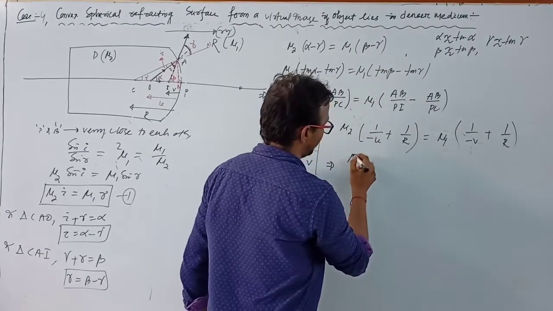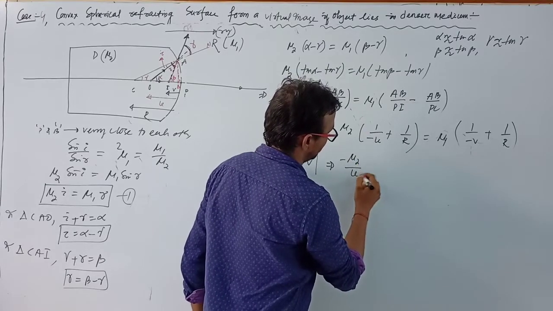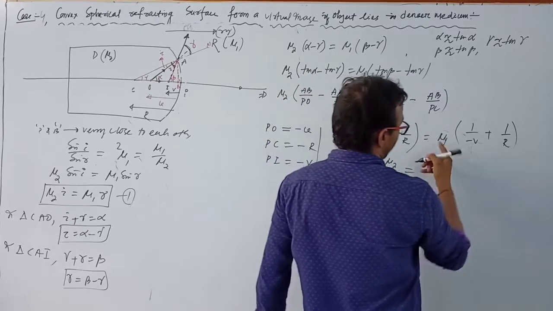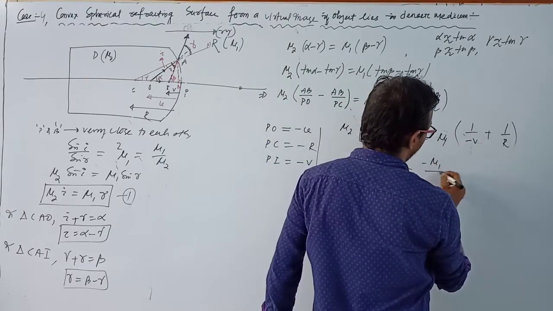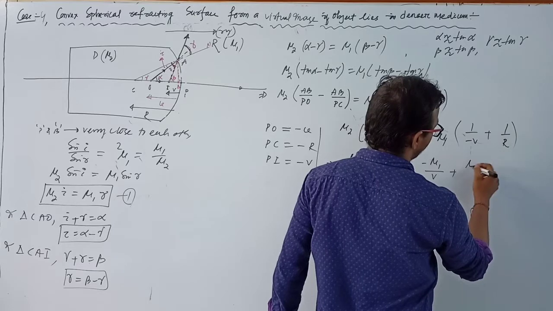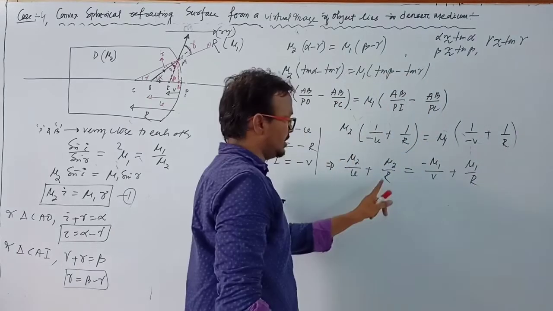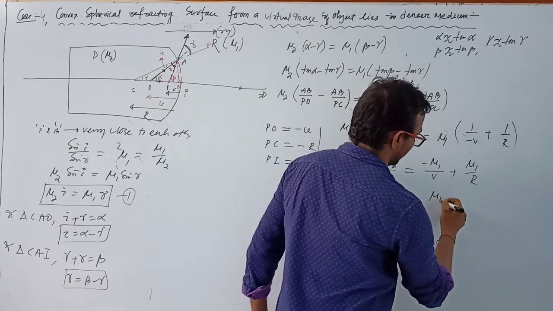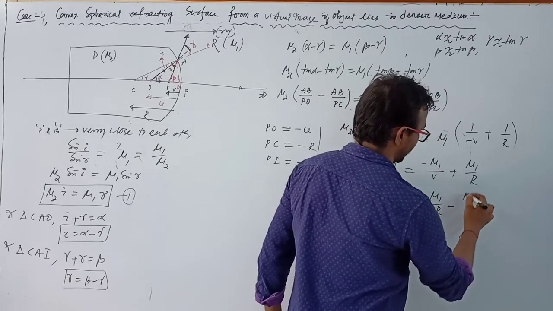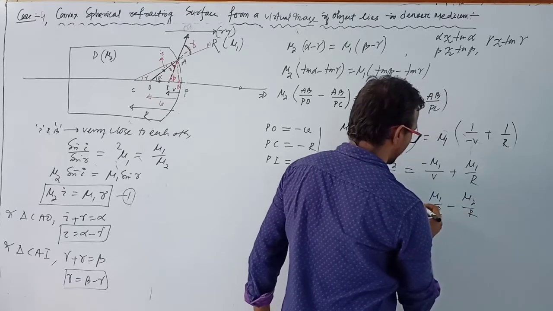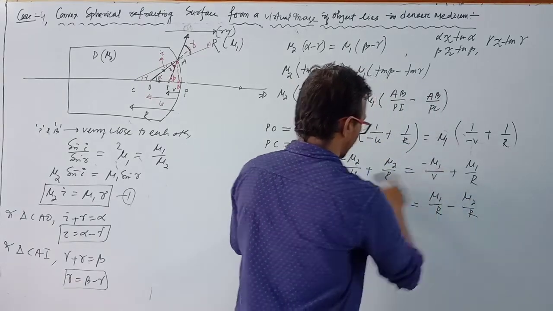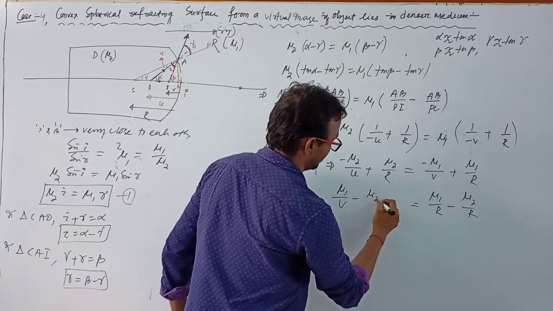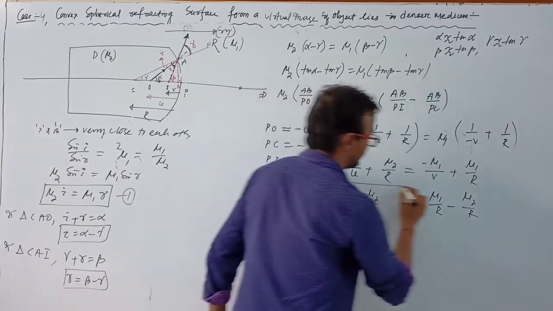If you multiply here, that is mu 2 minus mu 2 by u plus mu 2 by r, equals minus mu 1 by v plus mu 1 by r. You have to rearrange r on one side, so mu 1 by r minus mu 2 by r equals mu 1 by v minus another term, mu 2 by u. This is the required formula.